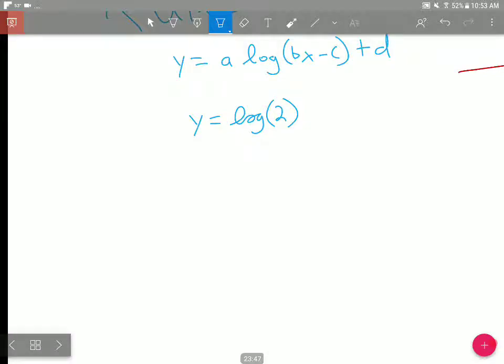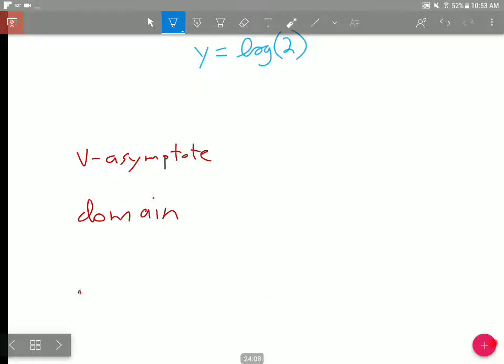We're going to have a vertical asymptote, a domain, a range, and then you have intercepts as well.